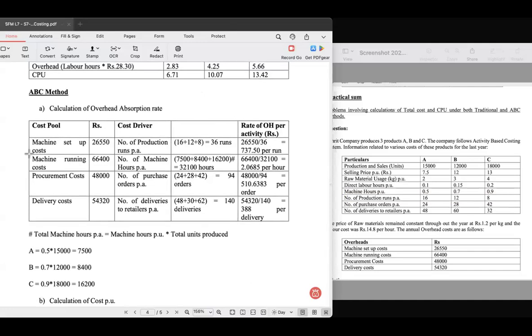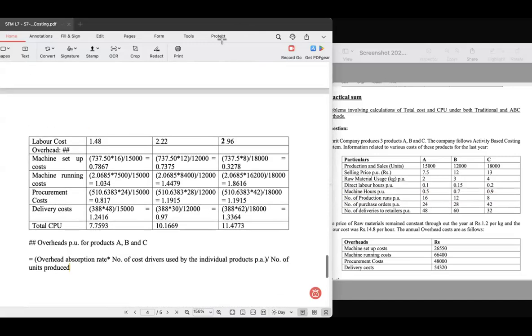What is the cost driver? Number of machine hours per annum, and 2.0685 is the OAR. So we're going to take 2.0685 into the machine hours. Remember, we calculated and found this for A, B, C.